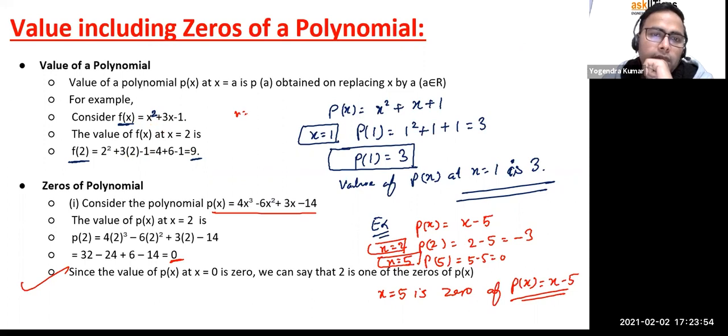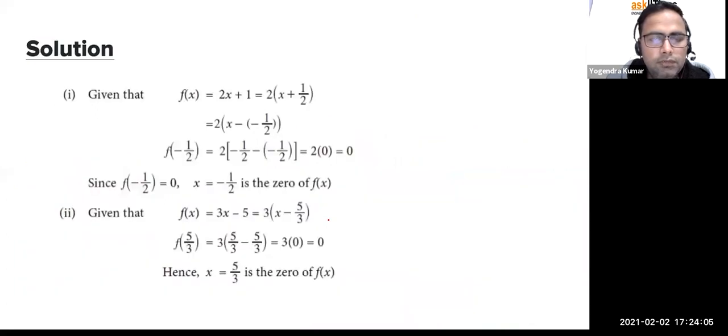Means x equals something will be called a zero of the polynomial. If you want to define it, because the definition is not written, I can give you that. Let us write down the definition here.